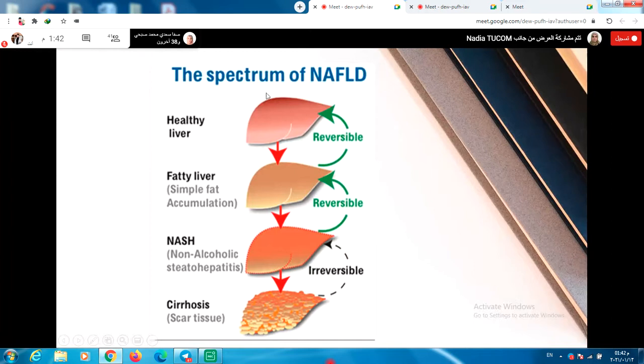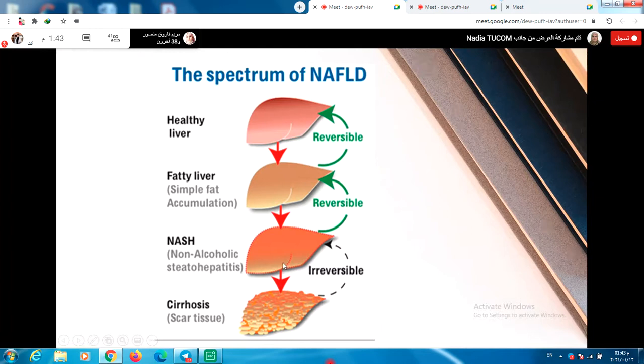The healthy liver can develop reversible fatty change or fatty accumulation. The fatty change and non-alcoholic steatohepatitis are also reversible, and can be resolved after treatment or after resolution of the cause.